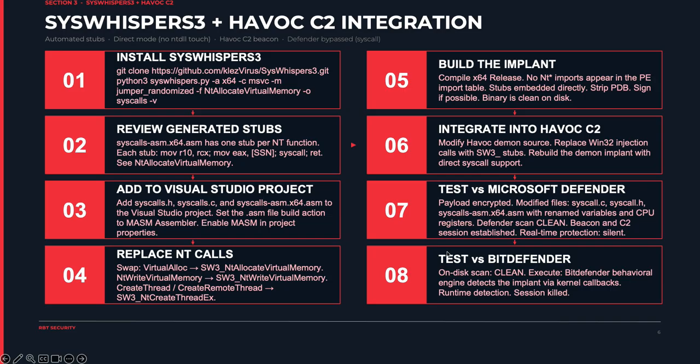So basically we finished the three demos, right? And in here, our next slide is basically the steps that we used, which I already explained. We install SysWhispers, we run the SysWhispers Python script, we review the general stuff, we add it to Visual Studio, we compile it via command line, and we replace the calls. Remember that we have to rename and delete the SW3 if we want to play around with Microsoft Defender.